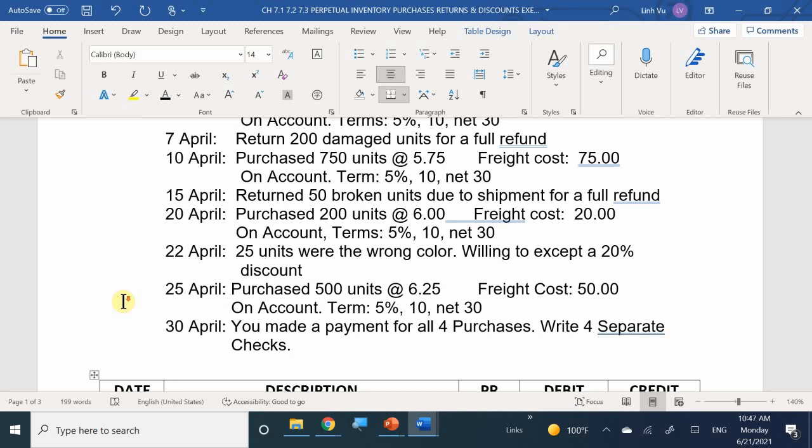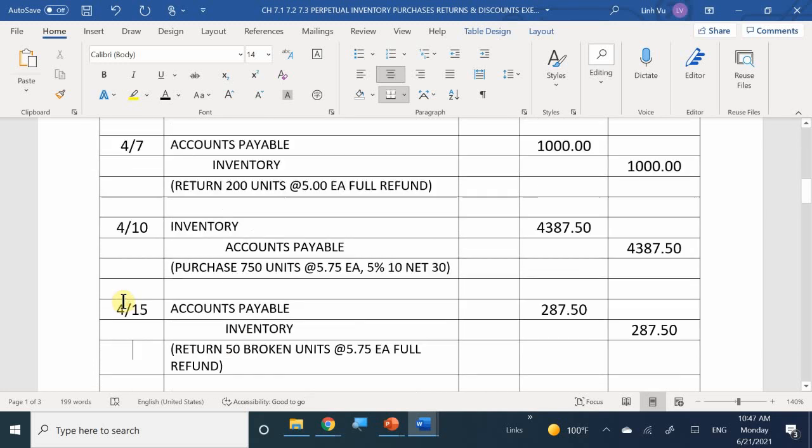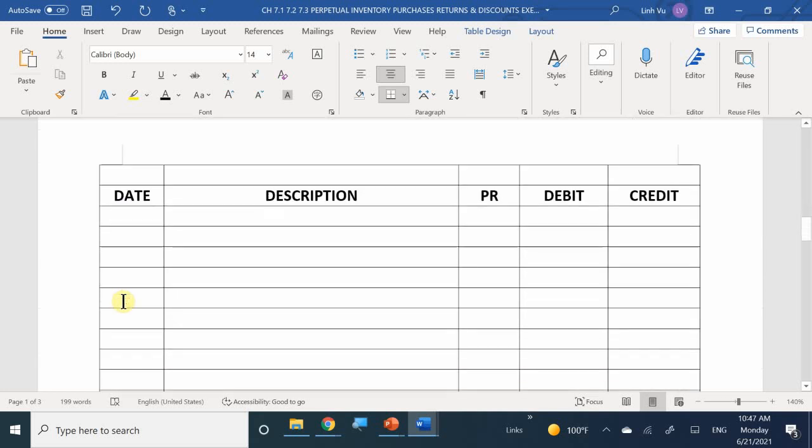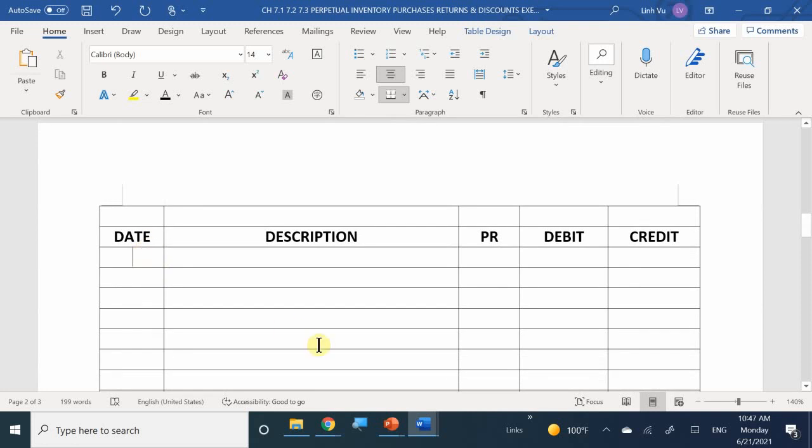And debit inventory for 1,220 and credit accounts payable for 1,220. Good, excellent. On April 20th, we purchased 200 items at $6 each, which brings us to $1,200 plus $20 of freight, giving you $1,220.